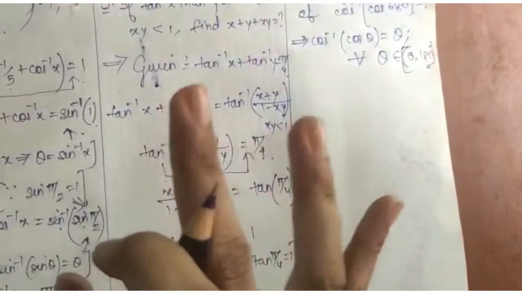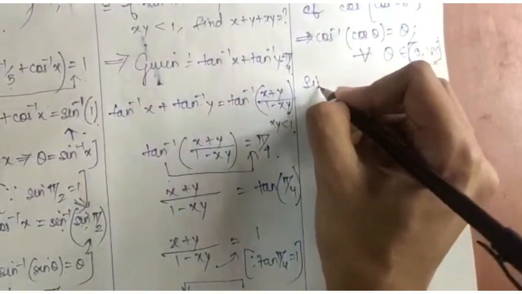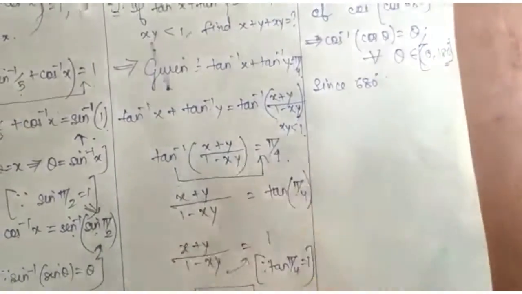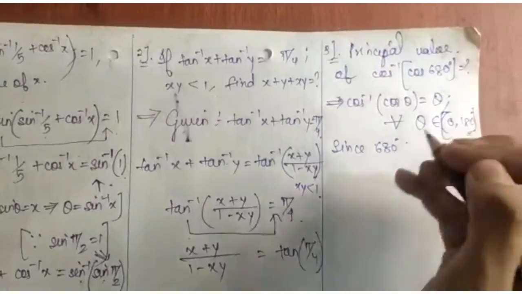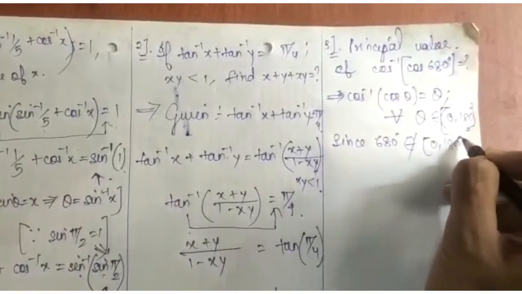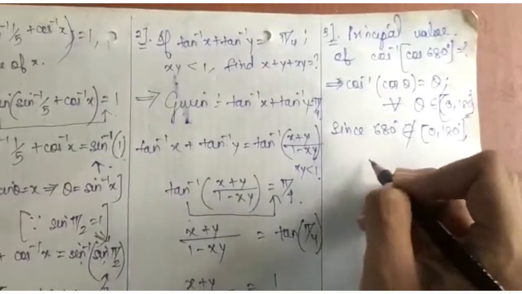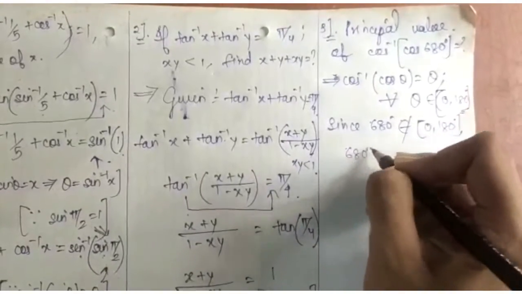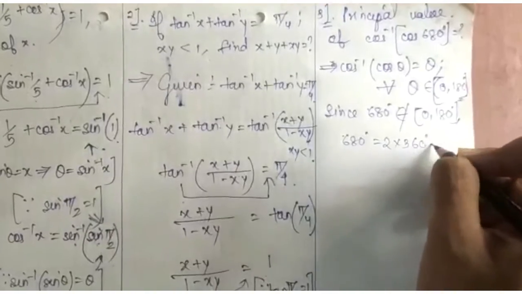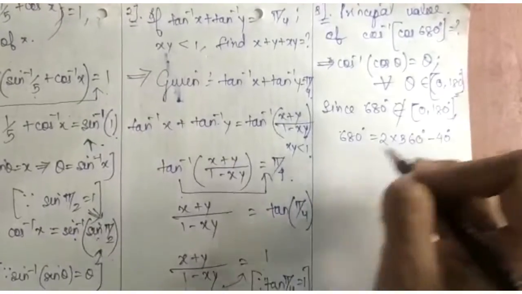Now, what does this mean? Since the angle given here is 680 degrees, which does not belong to the range of 0 to 180 degrees, what we can do is write 680 as 2 times 360 degrees minus 40 degrees.